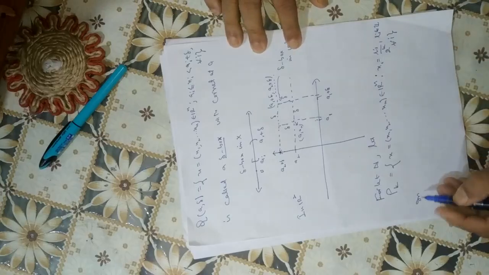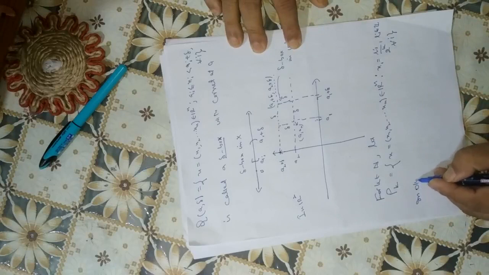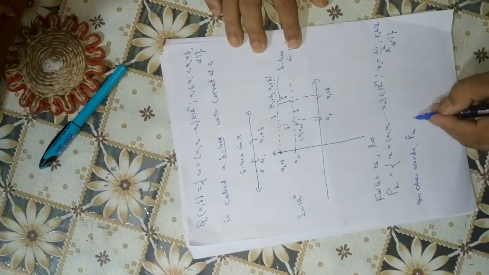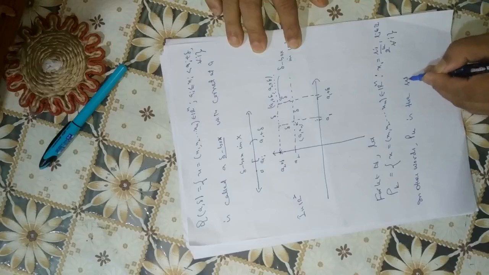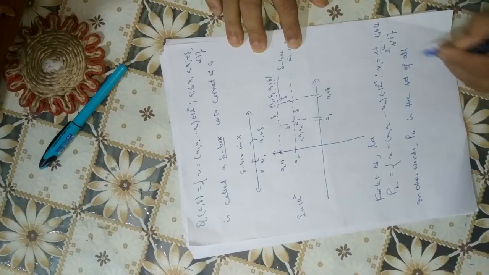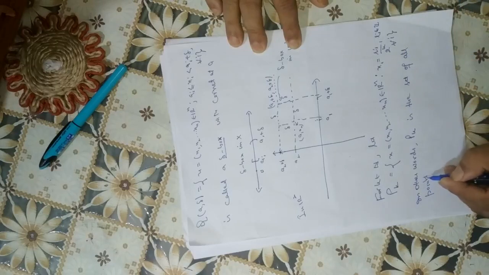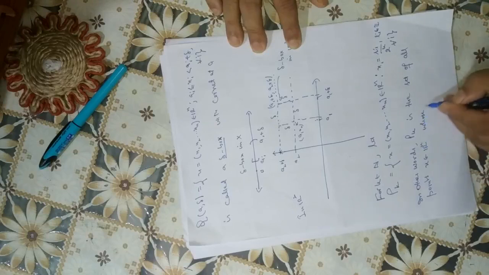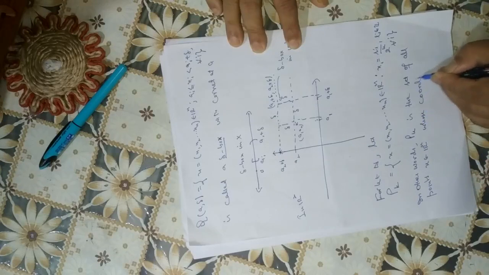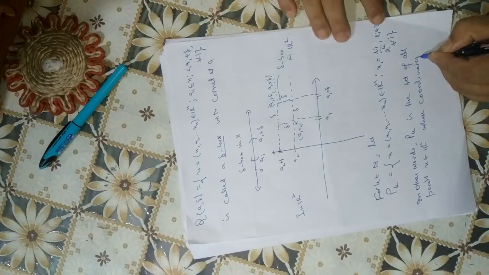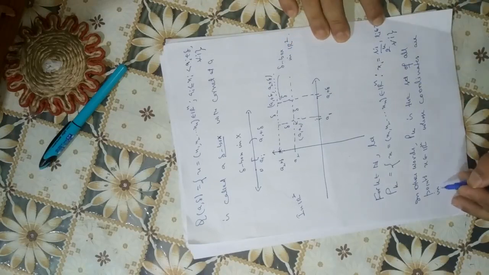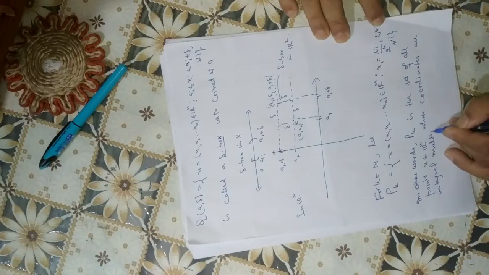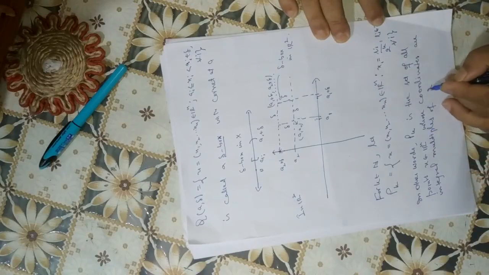In other words, Pk is the set of all points x belongs to Rn whose coordinates are integral multiples of 2 power minus k.